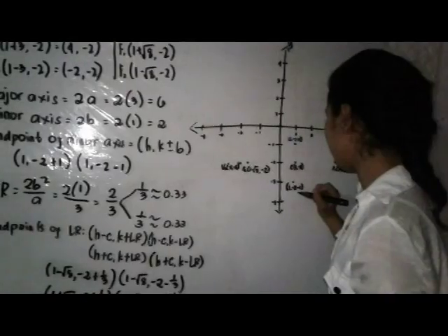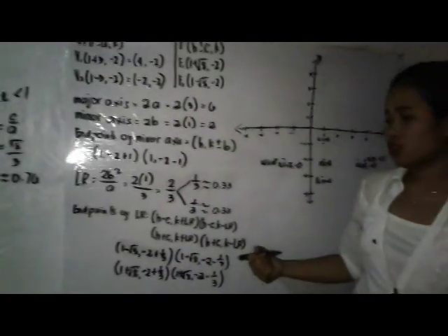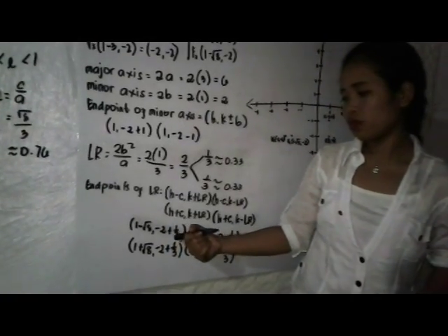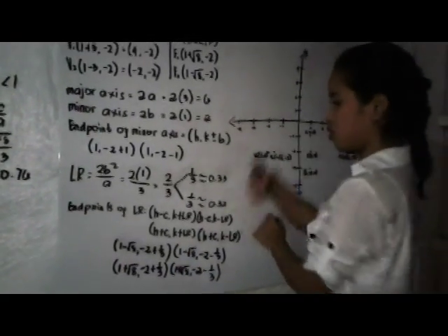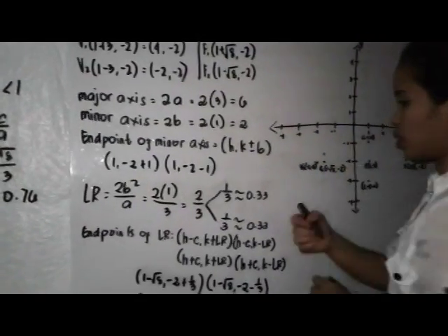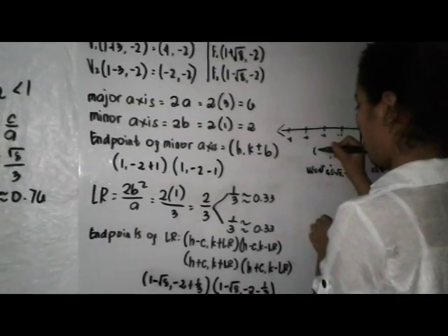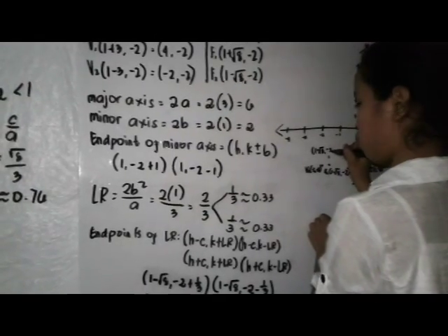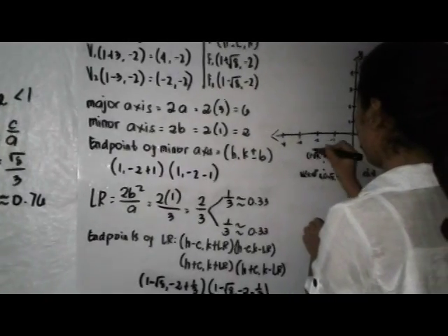And lastly, we have to find the endpoints of our latus rectum, which is the positive and negative square root of 8 and negative 2 positive 1 over 3. So, which is having this. So, it is our endpoints of LR, which means 1 negative square root of 8, then negative 2 positive 1 over 3.